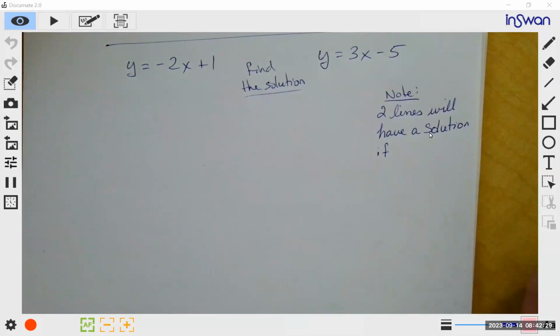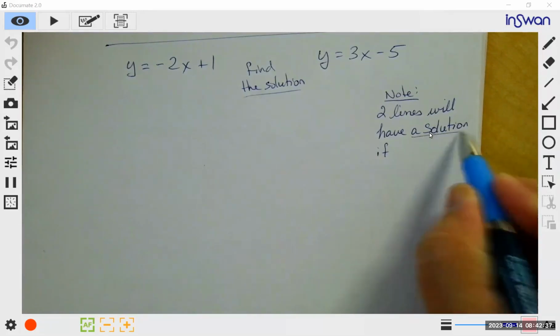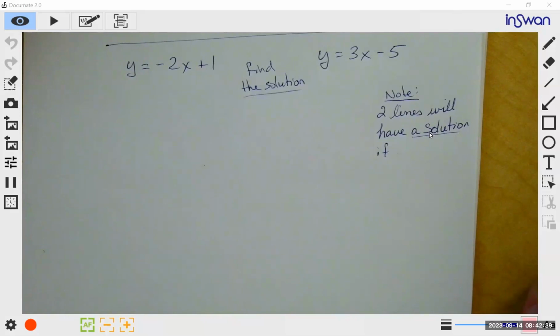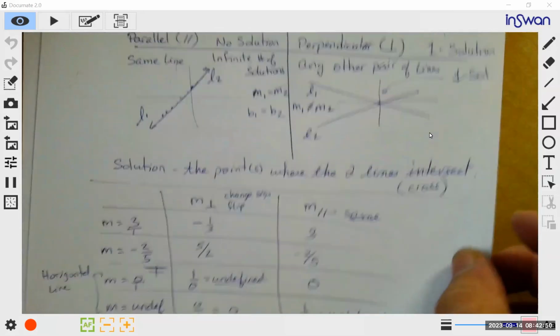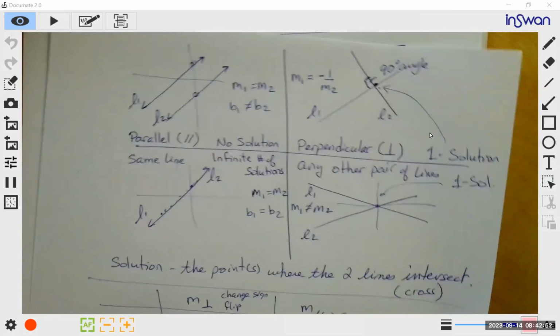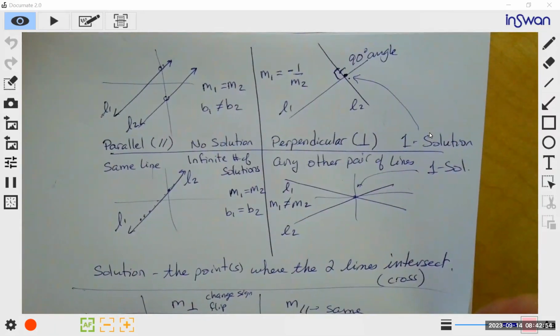Two lines will have a solution if what is true? A single solution. Two lines will have a solution if what is true? This would be a good time to go back to this picture. Two lines will have a solution if what is true?